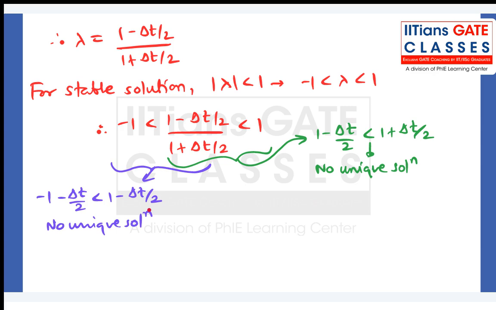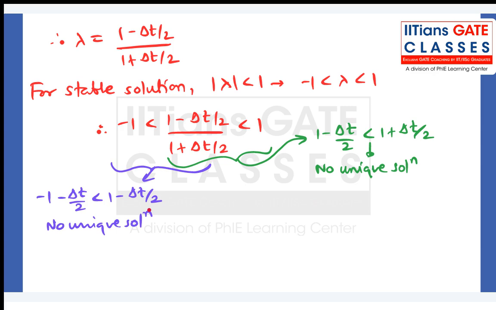So in such cases, what you need to do is check whether this lower bound you can take to 0. What that means is your amplification factor is between 0 and 1, right? That means it's always positive but a smaller value of positive. So with each step you're getting closer to the solution.